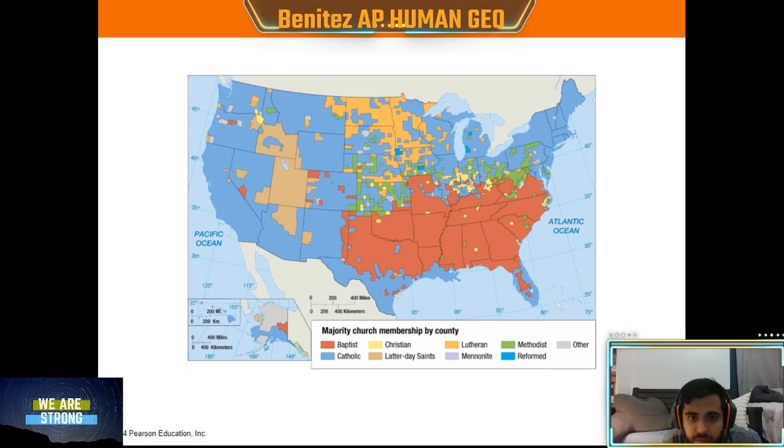Take a look at this map of the United States. In the United States, we have a big congregation of Catholics, Baptists, Lutherans, Mormons, and even Methodists. These are only some examples of Christian denominations. And when I say denomination, I mean a group of Christians.